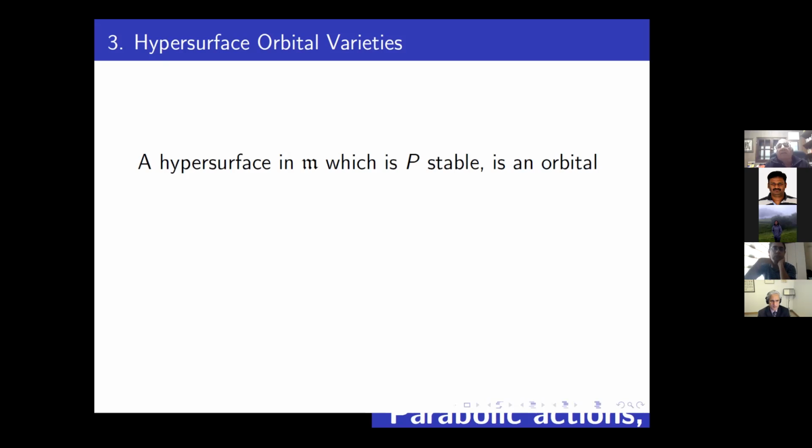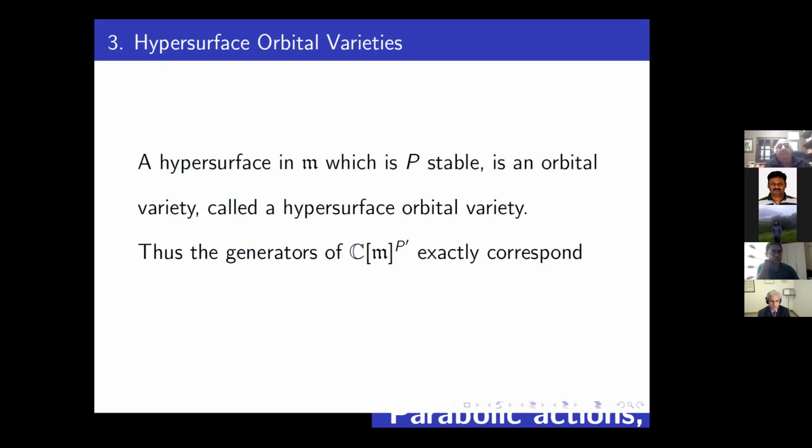A hypersurface in M, which is P stable, is automatically an orbital variety, and we call it a hypersurface orbital variety. Then it's rather easy to see that the generators of this invariant algebra exactly correspond to hypersurface orbital varieties. So then you might say, well, that's the end of the story.